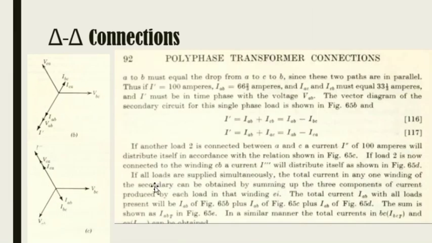If all loads are supplied simultaneously, the total current in any one winding of the secondary can be obtained by summing up the three components of current produced by each load in that winding. Therefore, the total current IAB with all loads present will be IAB of figure 65, plus IAB of figure 65C, plus IAB of figure 65D.